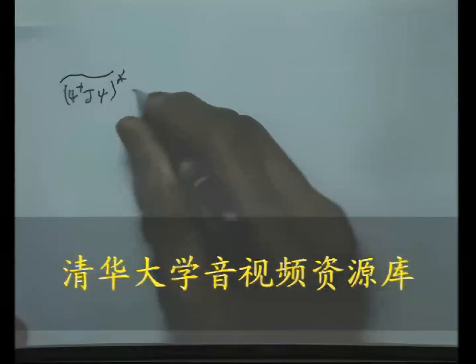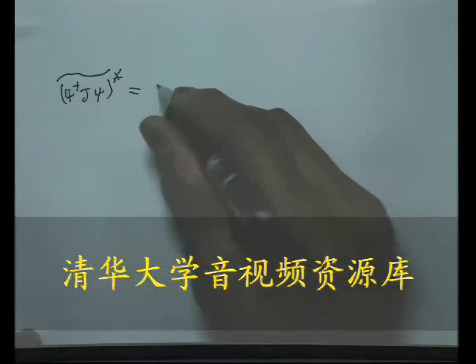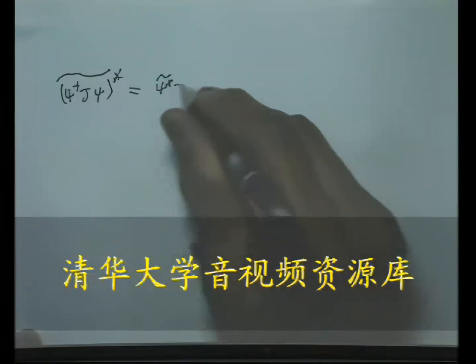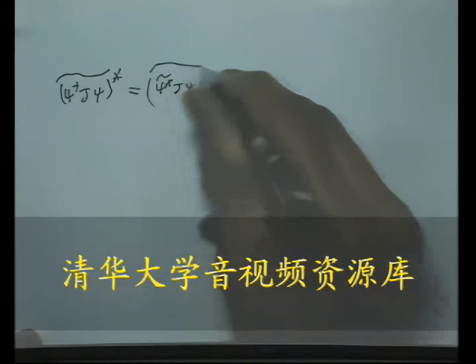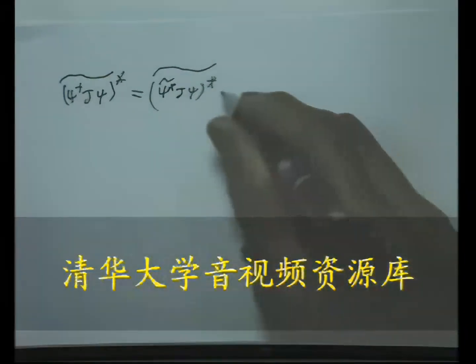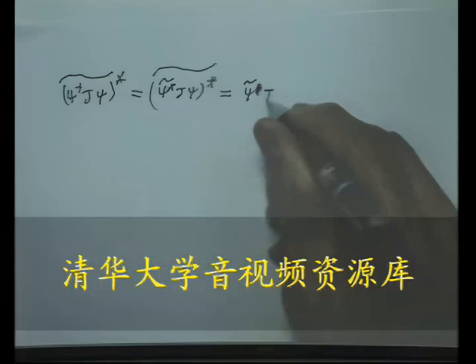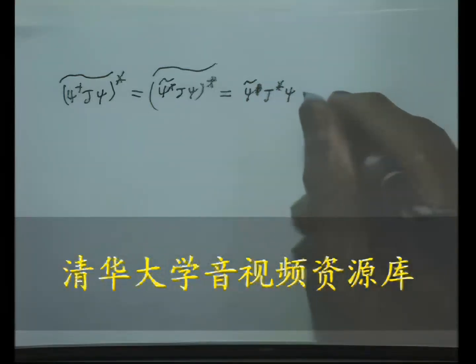But by the rules of computation, this is equal to psi dagger J psi, I'm just copying down the definition. Now, J is real.